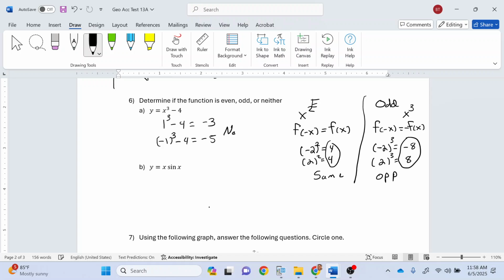No, so it's neither. If they were odd, you would get like 3 and -3. If it was even, it would be -3 and -3. Even would be the same answer when you plug in positive or negative. Odd would be different answers, opposite, negatives of each other.